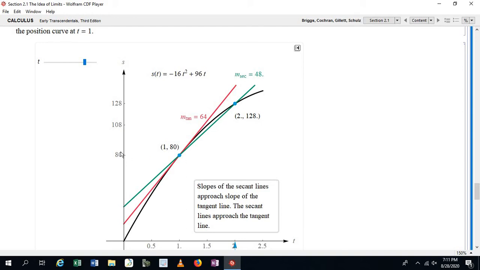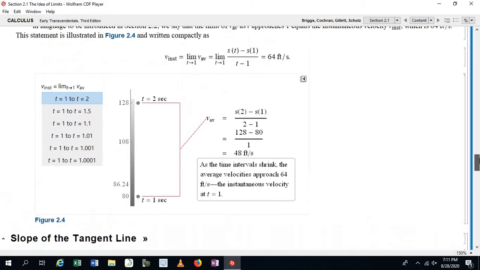And when you plug a 1 in, you get 80 out, which is this point on the position function. Okay, and so the object has traveled 128 minus 80 feet, which is 48 feet, over a period of 1 second. And so it's traveling at 48 feet per second on average between those two times.